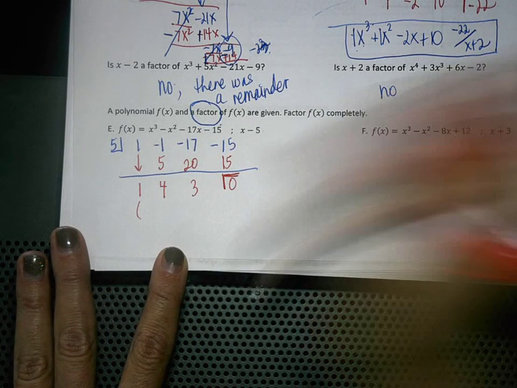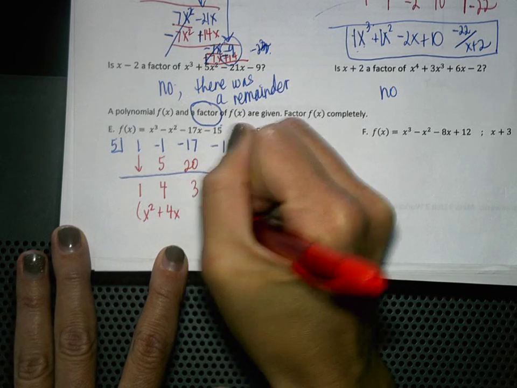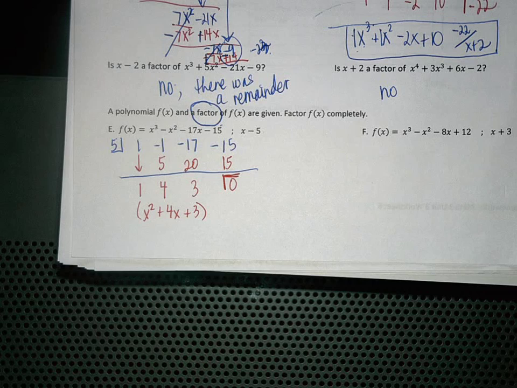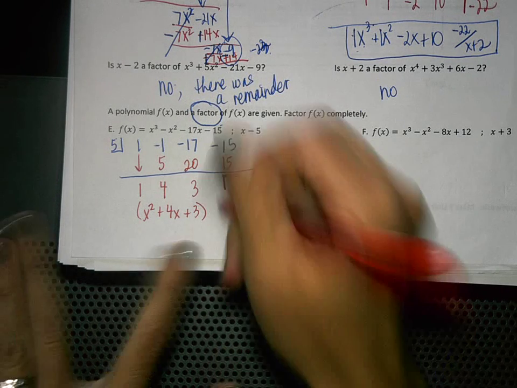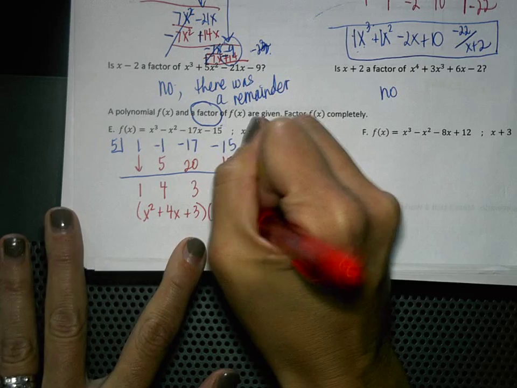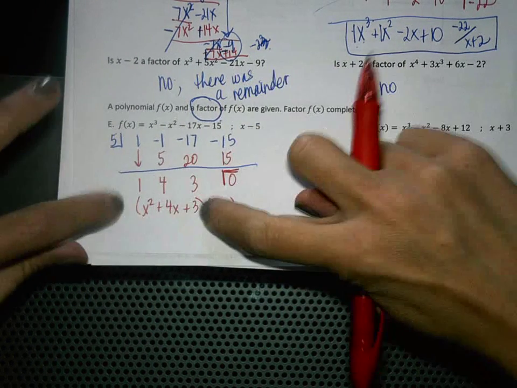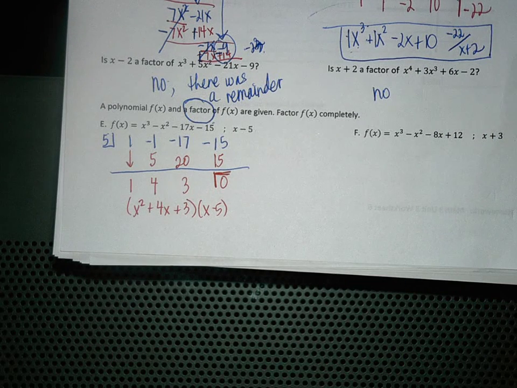X squared plus 4x plus 3. And then what else? What is another factor? It's x minus 5, okay? Because they told us x minus 5, that's how I divided this out to get this answer. But x minus 5 is still one of my factors, okay? So when we're factoring it, we're not dividing, okay?